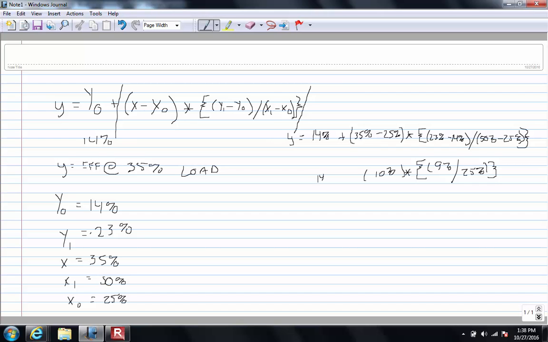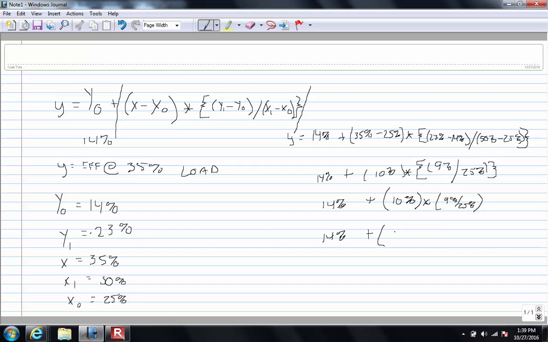Let's do 14% plus 10% times 9% divided by 25%, or 14% plus, I'll take this all into one bracket.